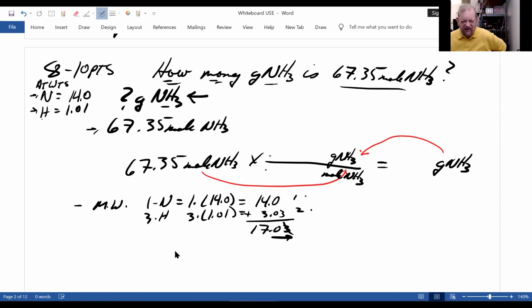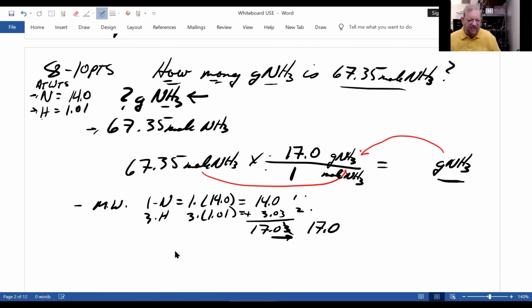Drop the 3 because that's 4 or less. And the molecular weight is 17.0. 1 mole of a compound equals its molecular weight. For this case, it's 17.0 for ammonia.